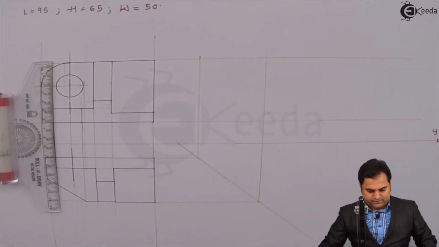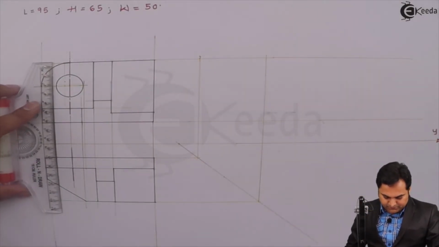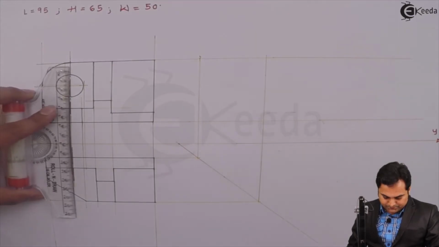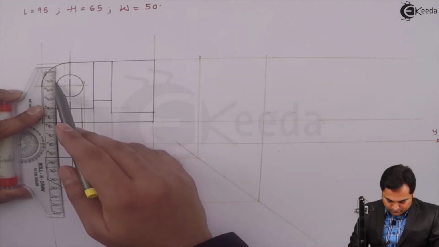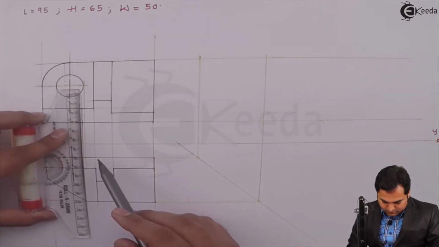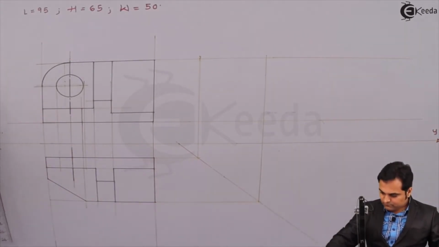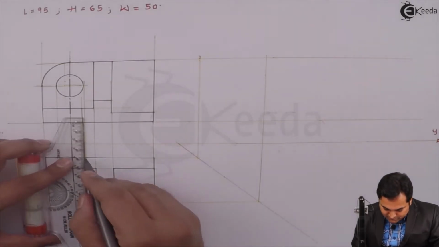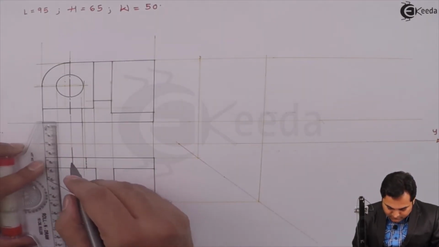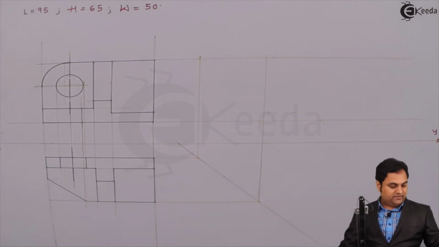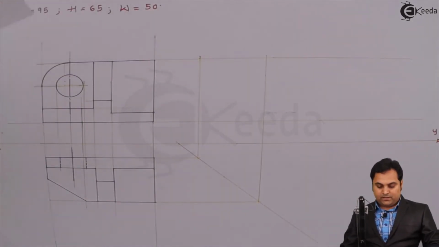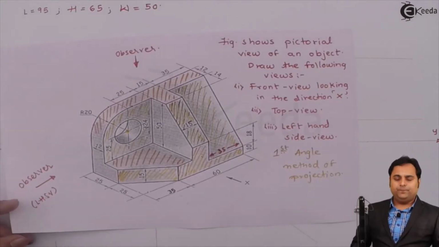So here I'm projecting the diameter of the circle downwards. So this hidden circle I have projected. Next, here we complete the top view.